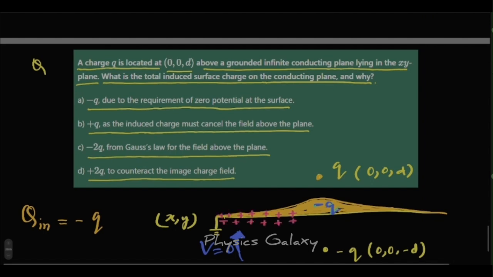But the induced charge will be minus Q, and if we want to find the total charge, that will be zero on the board. So minus Q gives the requirement of zero potential at the surface.